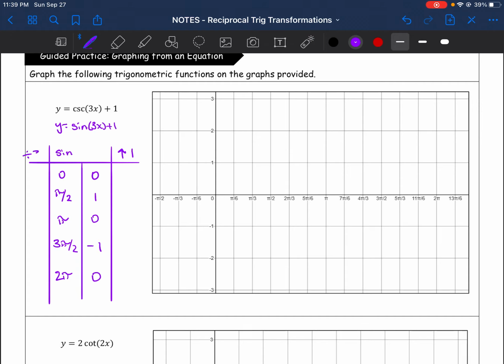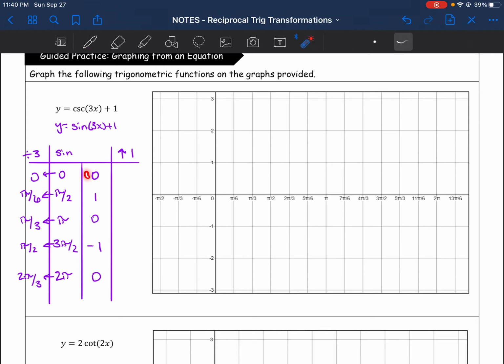So I'm going to put a little divided by 3 here. So 0 divided by 3, that's still 0. Pi over 2 divided by 3, that's going to be pi over 6. Pi divided by 3, pi over 3. 3 pi over 2 divided by 3 would be pi over 2. And then 2 pi divided by 3 would just be 2 pi over 3.